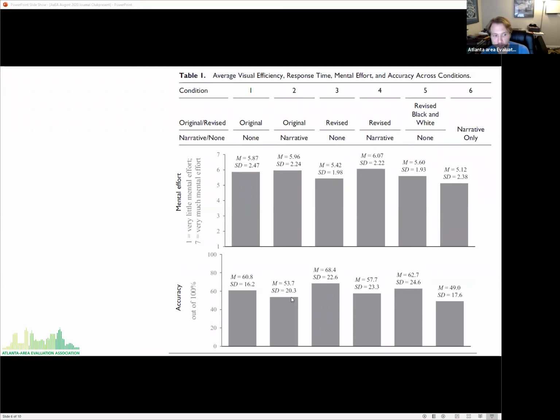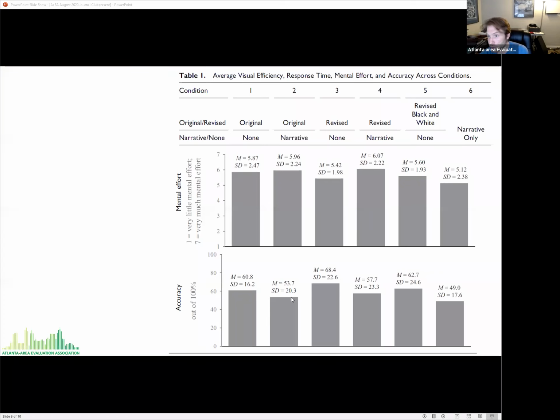Okay, then mental effort. So this was one of those components that we talked about that really plays into that whole first one that we looked at, the visual efficiency. So these two are components of that one. So this mental effort is just the self-reported level of attention required to interpret the logic model and answer the questions, and just measured using a single Likert scale.